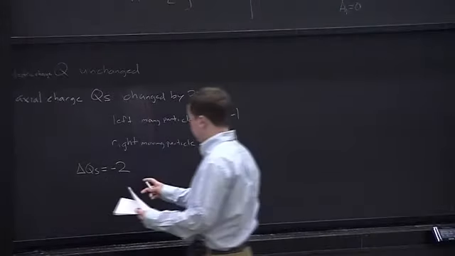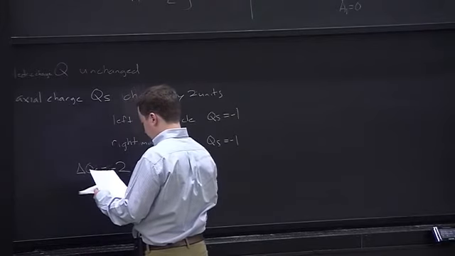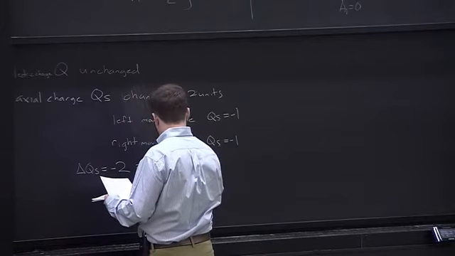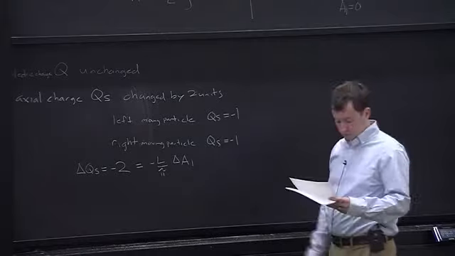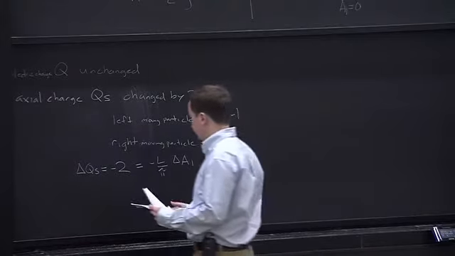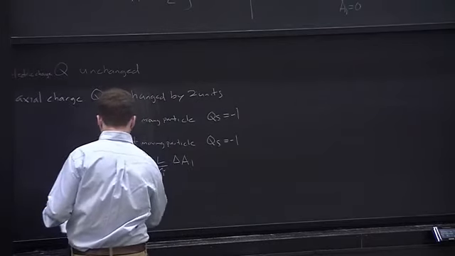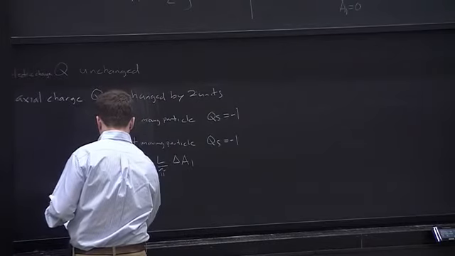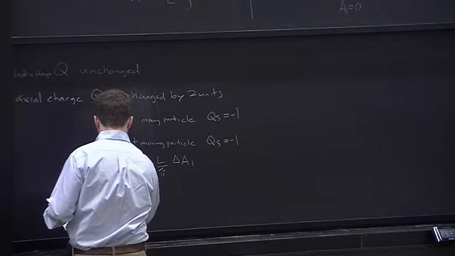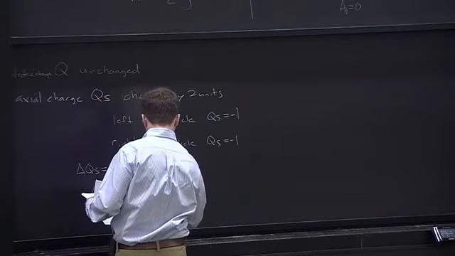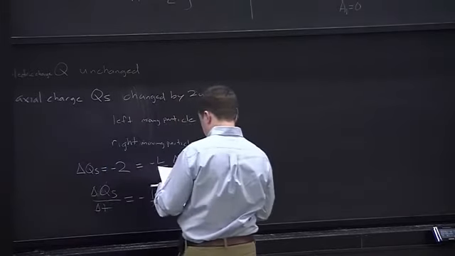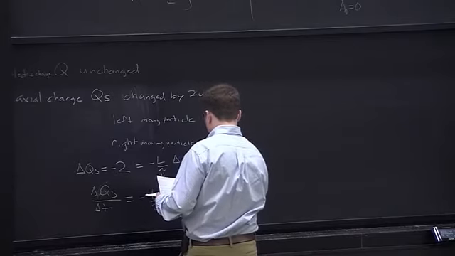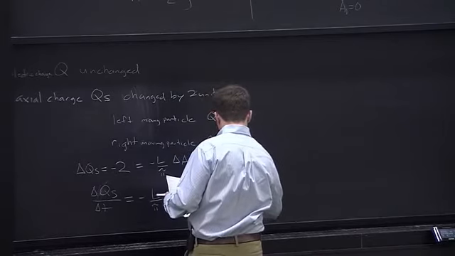So this -2 is equal to -L over pi times the change in the gauge field, which tells us that if we divide this all by delta T, Q5 dot is -L over pi A1 dot.